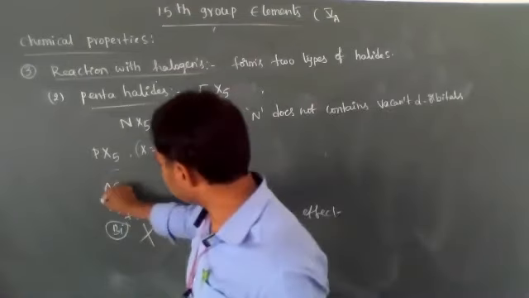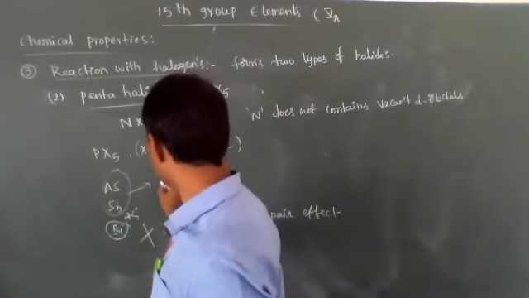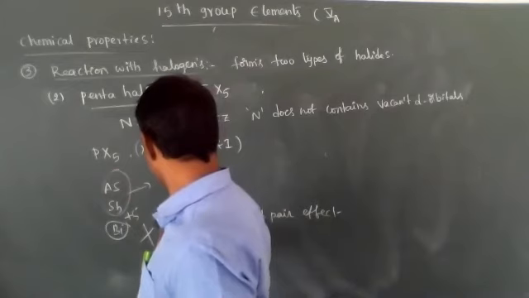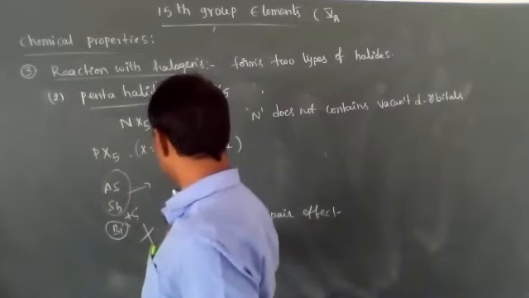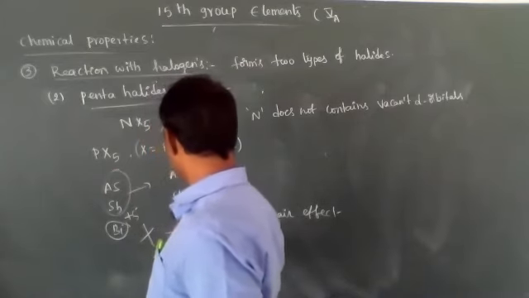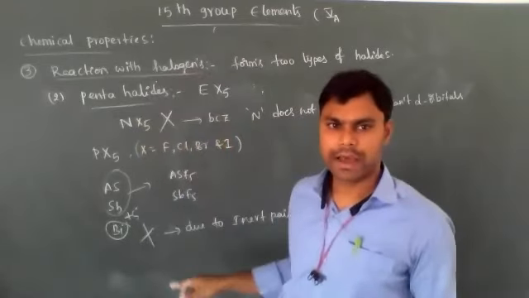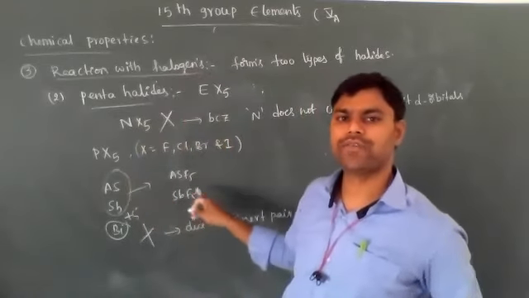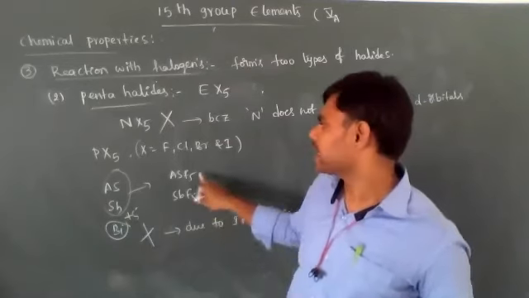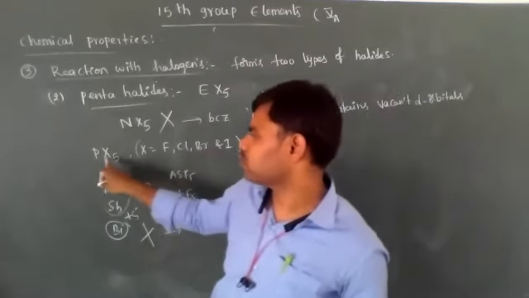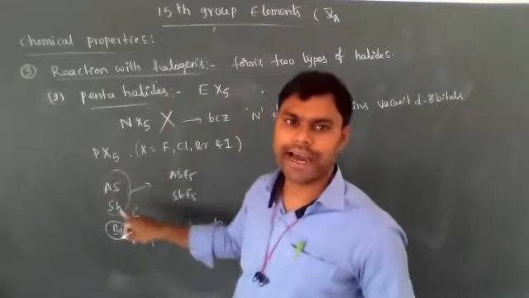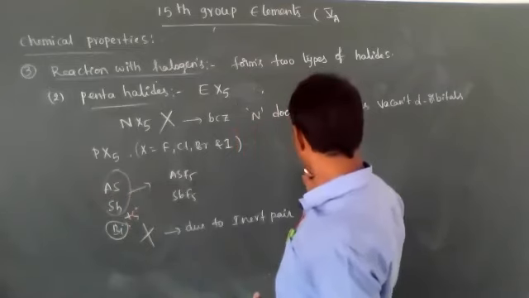But arsenic and antimony form only fluorides, AsF5 and SbF5. Phosphorus, arsenic, and antimony form fluorides. But chlorides, bromides, and iodides are only possible with phosphorus. Why not arsenic and antimony?